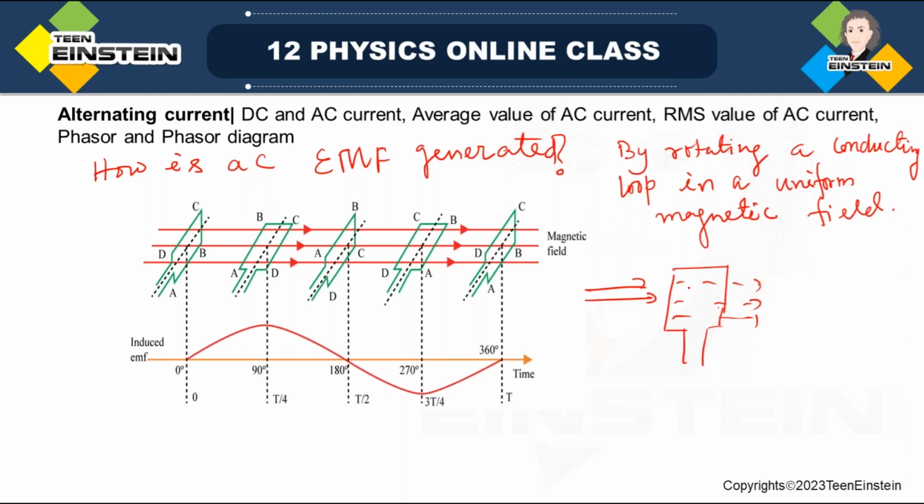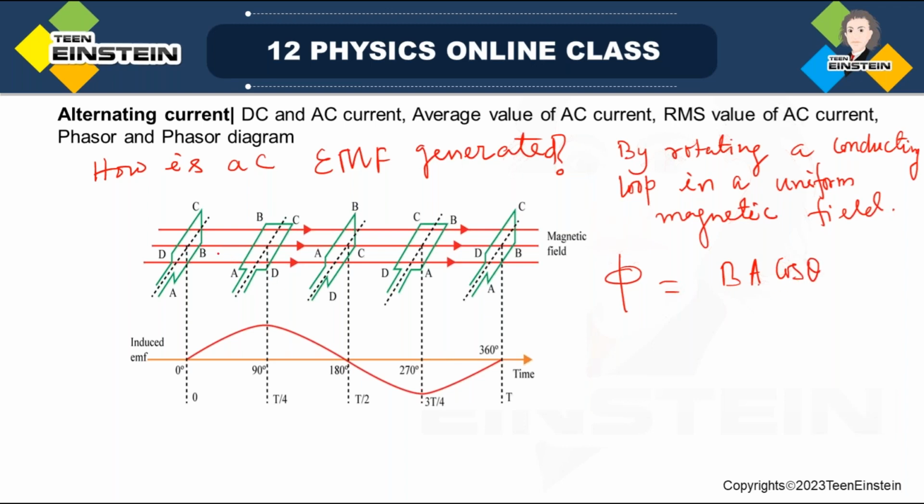This magnetic flux is written as BA cos theta.